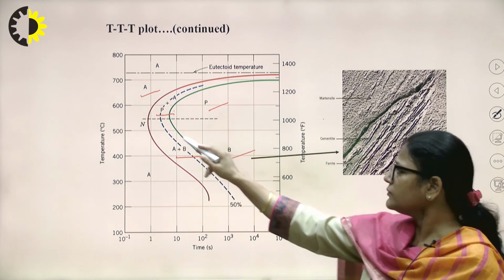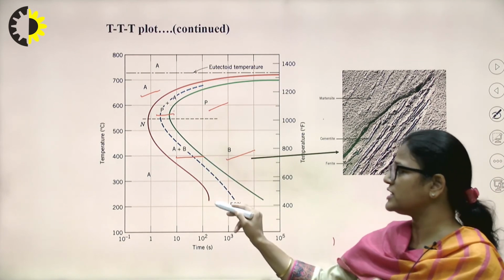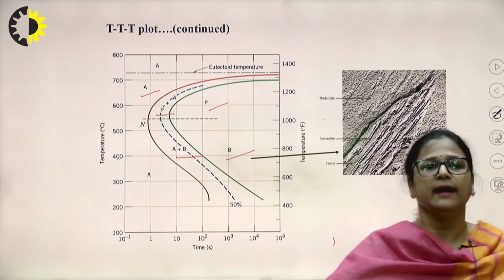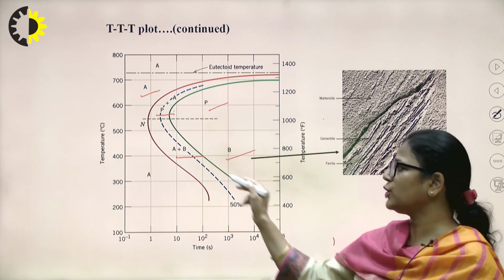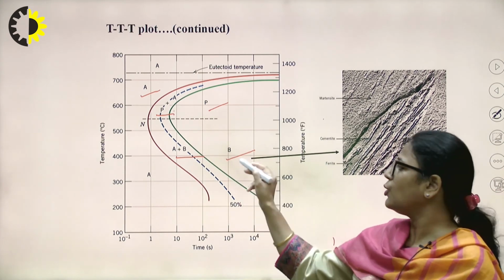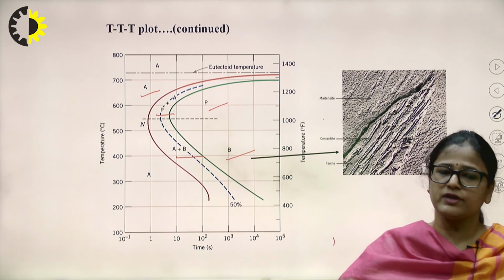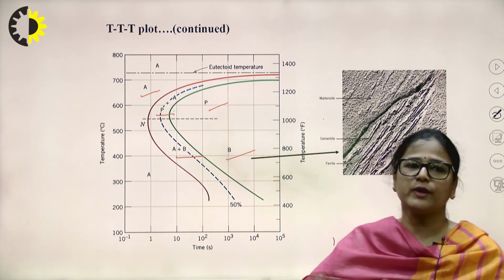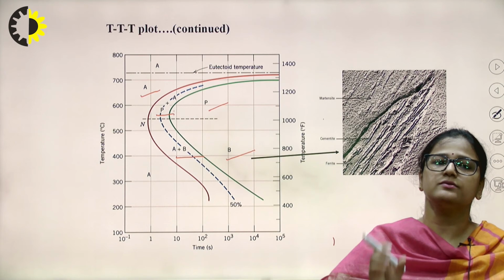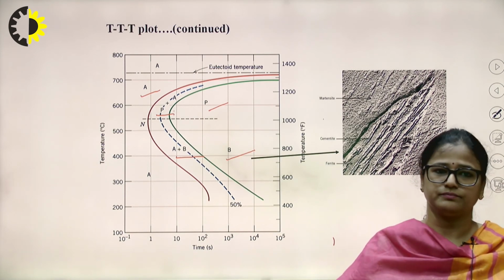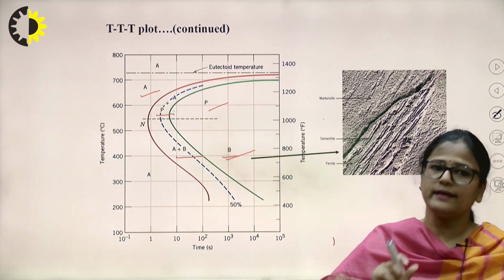And in between the red and green transformation curves, austenite and bainite both will coexist, and on the right side of the green curve, only bainite will exist. So bainite has both constituents, ferrite and cementite.